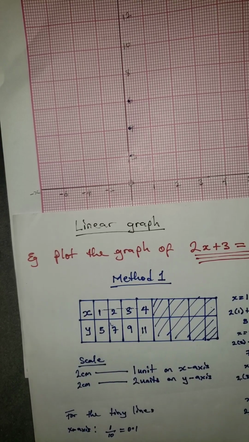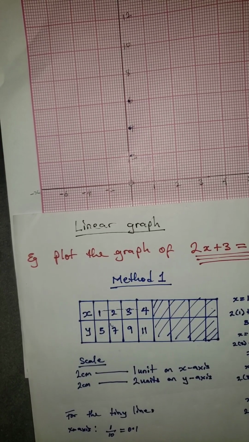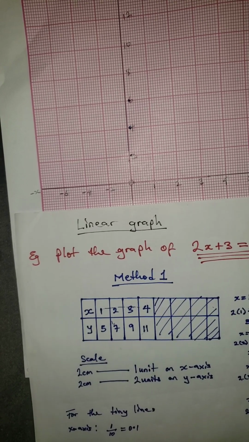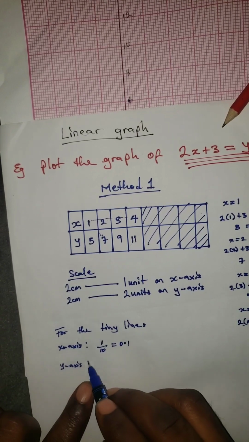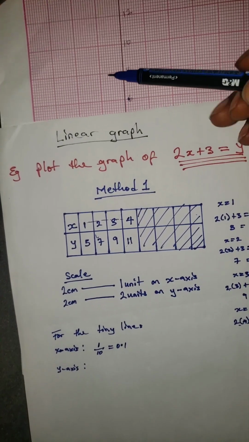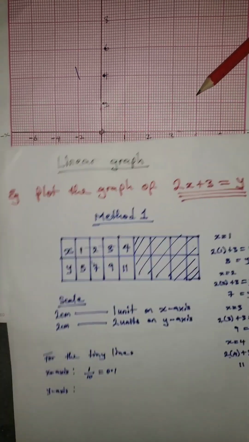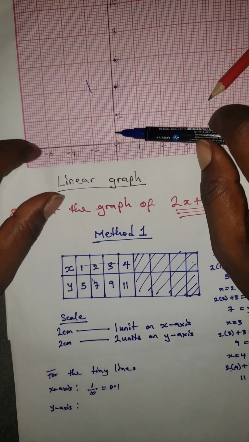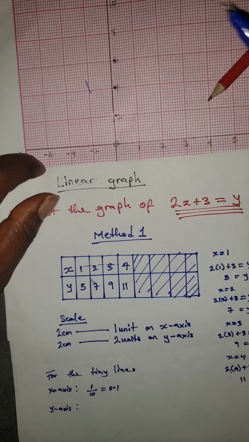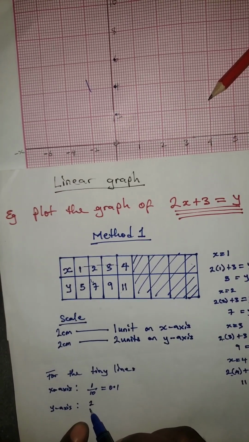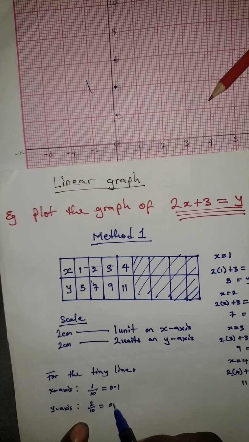Then on y-axis, you can see that from here to here is 2, and we have 10 lines, so it's going to give us 2/10, which is 0.2.